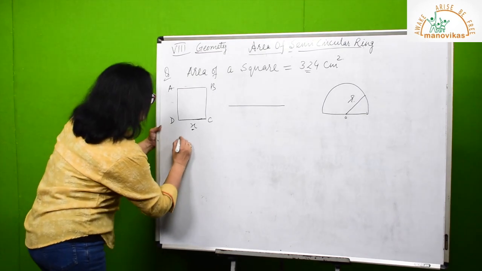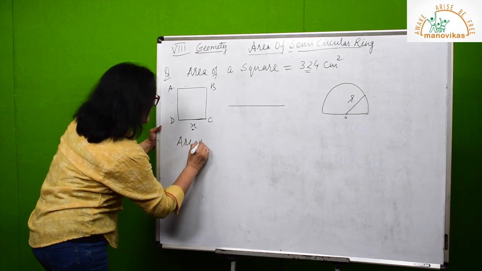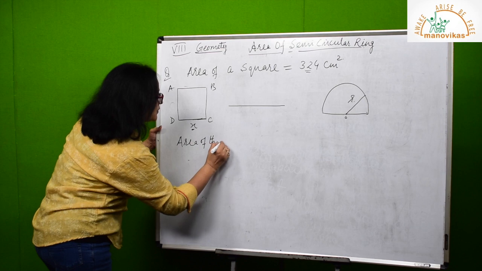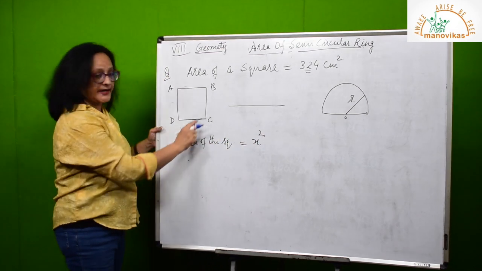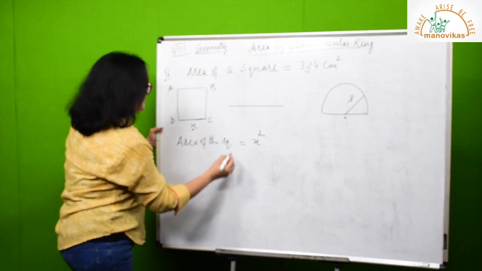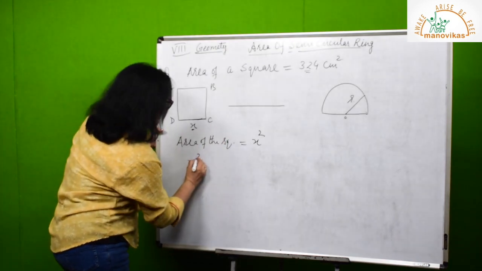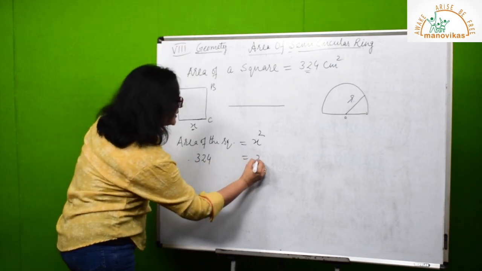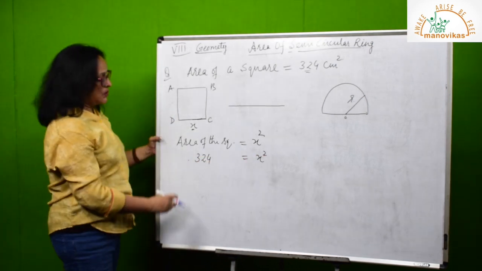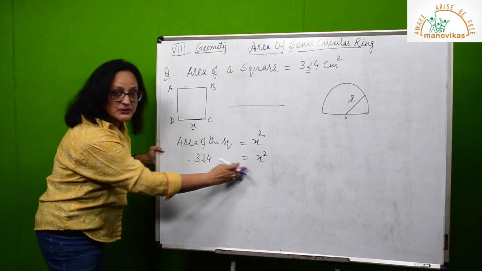As you know, the area of the square is equal to the side square, side into side. So substitute the value here. 324 is equal to x square. If we have to find x, what to do?